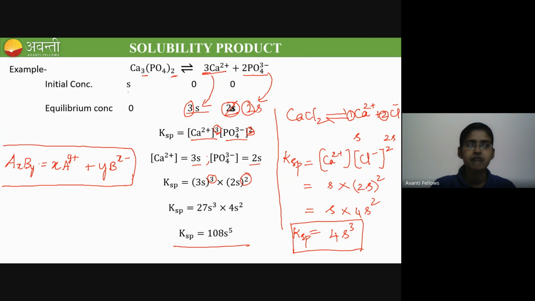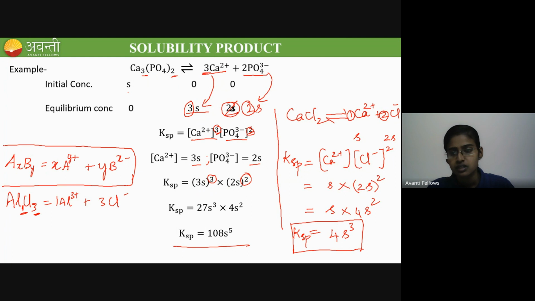If I have some other salt, like aluminium chloride, how to dissociate? Aluminium is 1 and Cl is 3. So x value is 1 and y value is 3. So it is 1 aluminium 3+ and 3 Cl-. This is how you have to dissociate. Clear for all?